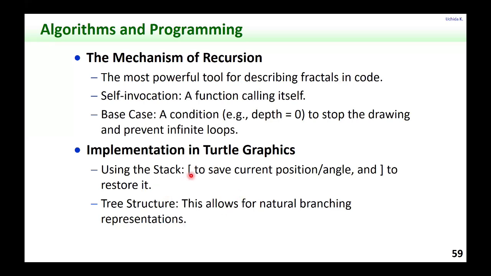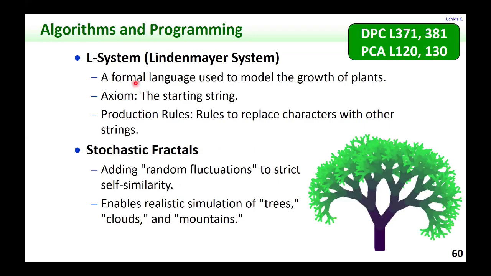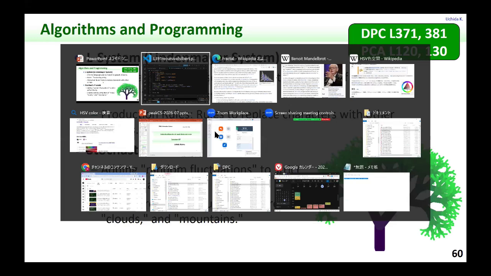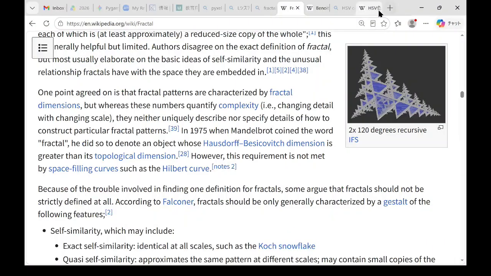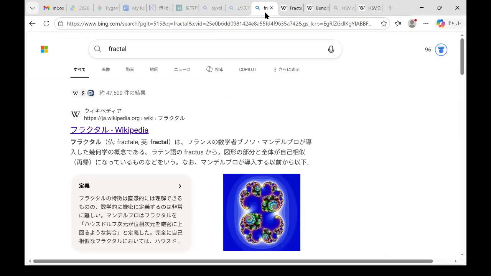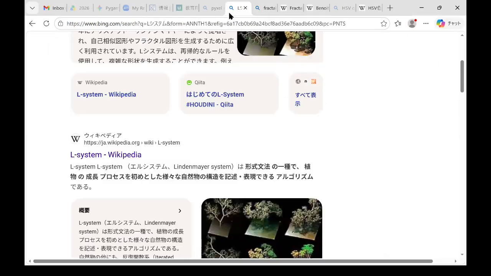A simple tree, as you saw, can be drawn using turtle graphics too. But another interesting mechanism is called the Lindenmayer system, L system. Okay, so let's take a look at the Lindenmayer system. Do we have a Lindenmayer system here?